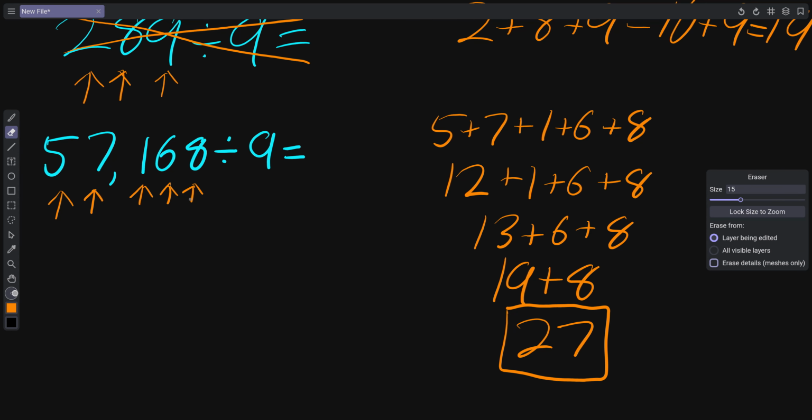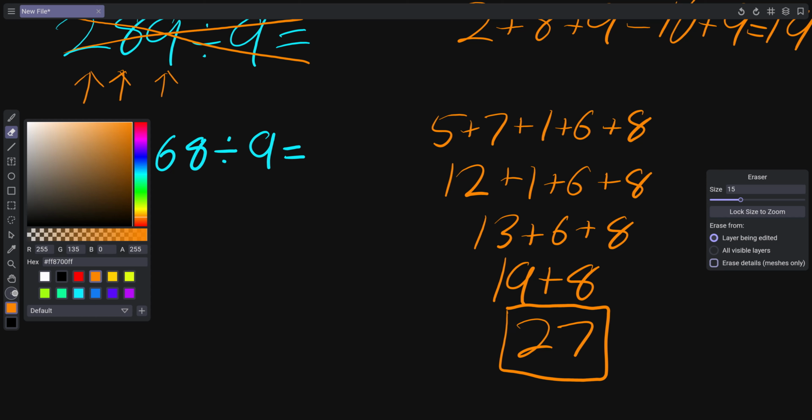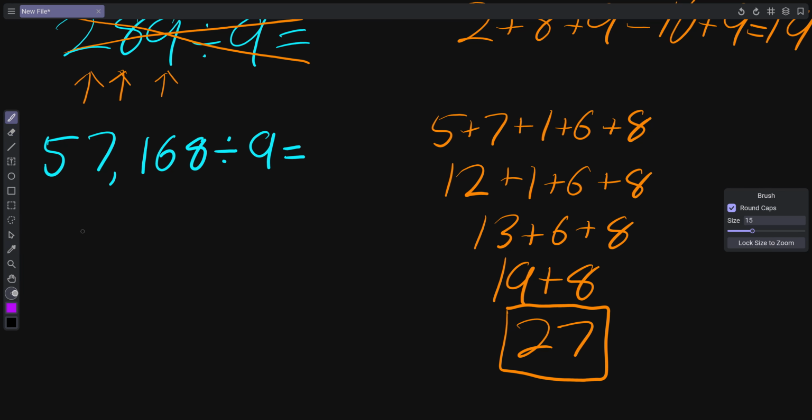And now all that's left for us to do is the division. Okay, so we put 9 over here. We put 57,168 over here. 9 can't go into 5, but it can go into 57 6 times.